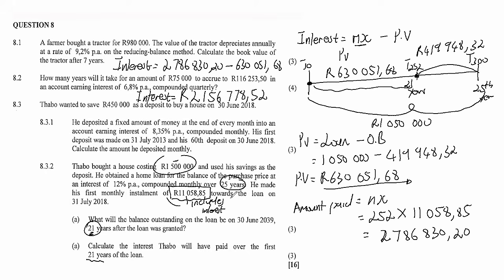So it does make sense. When you are old enough to buy your home, or maybe you can ask your parents if you are living in a bond and they're paying that bond, you can ask the amount that they're paying and maybe ask to calculate the interest that they will be paying. You will see that these figures make sense, right? So I know a lot of you, when you are writing this type of question, question yourselves whether this is realistic. It is realistic in the real world.